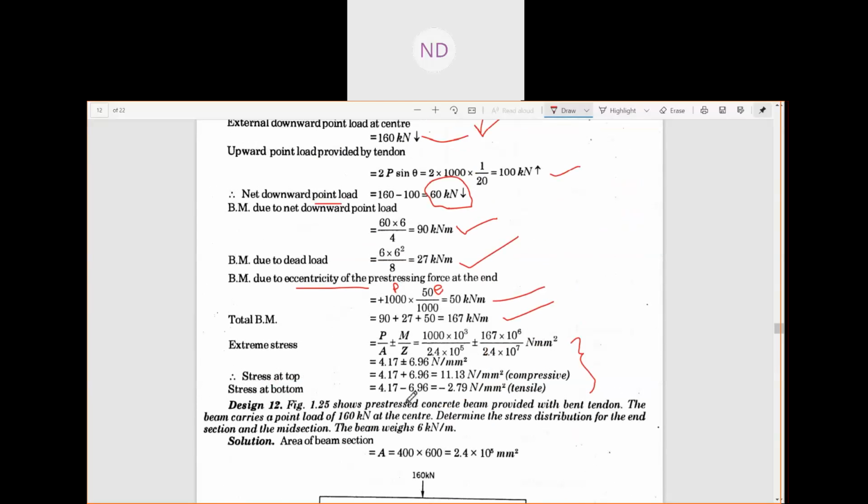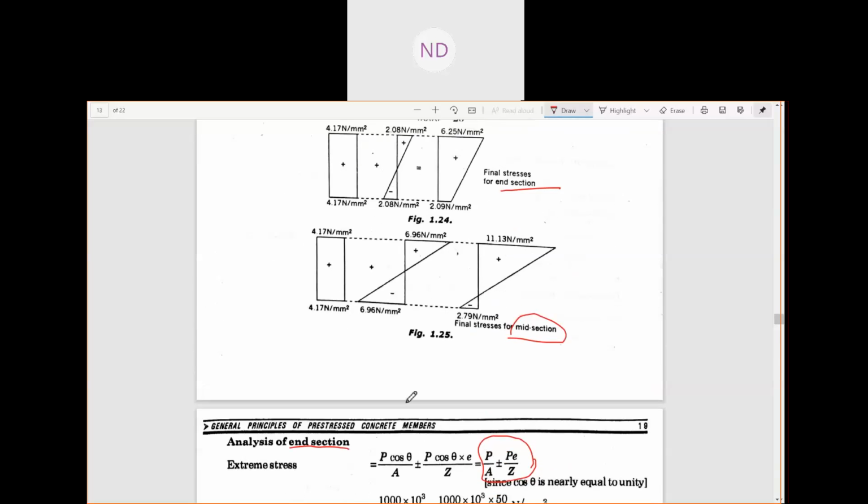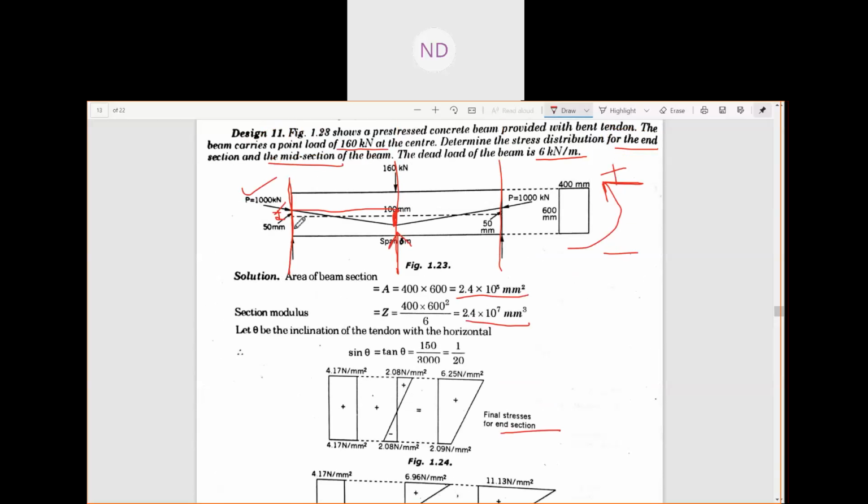Okay, so this was your stress with eccentricity. When you have this kind of eccentric tendons, you will have at the end section stress due to axial force and stress due to eccentric moment, and at the midspan you will have all three.